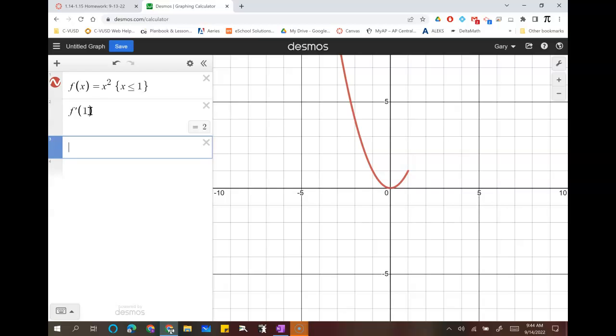So I could say g of x is equal to 2x. But now I need to make sure it goes through that same point. So what would be a y-intercept that would also go through that same point? -1, so 2x - 1. And then I cut it off, I say that's going to be for x greater than 1.